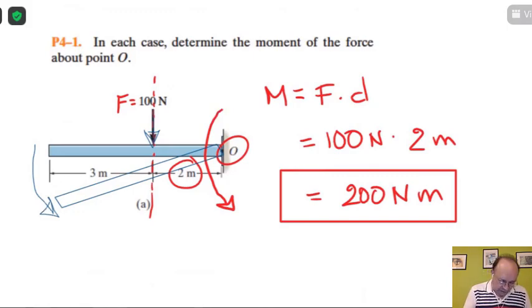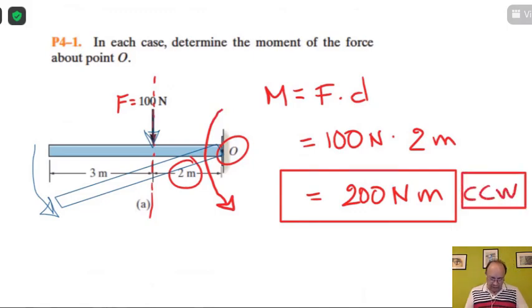In this case, it would be nice if we also include in the answer, 200 newton meters, rotation in the counterclockwise direction. That may be something interesting to add to give the idea of in what direction is the rotation of the force with respect to the point O.